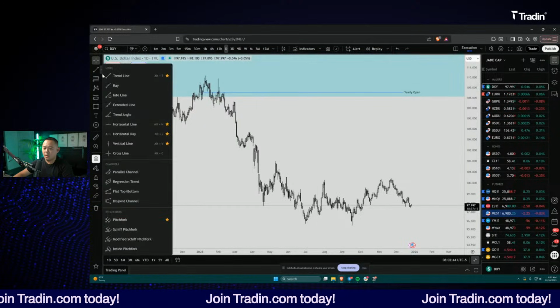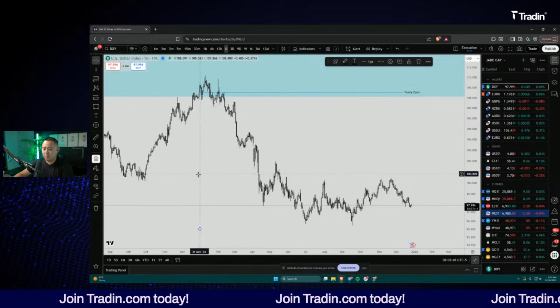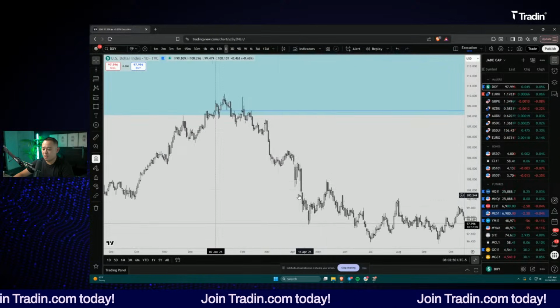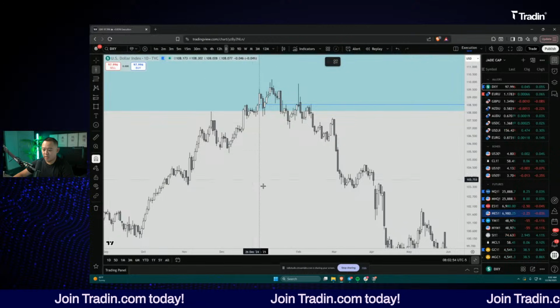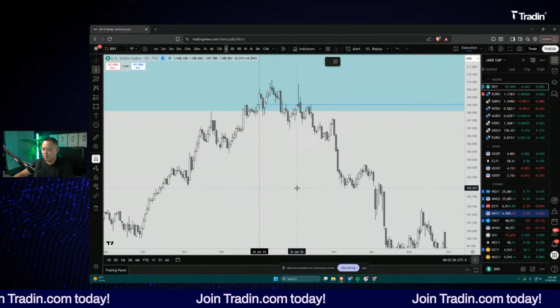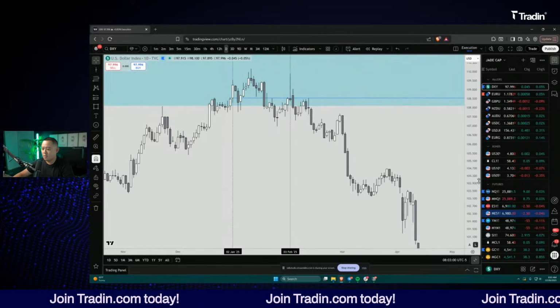Then we have our monthlies. So our monthly open: the yearly open is the same as January's open. And then you mark out February, the beginning of February, so that goes up till February 3rd.